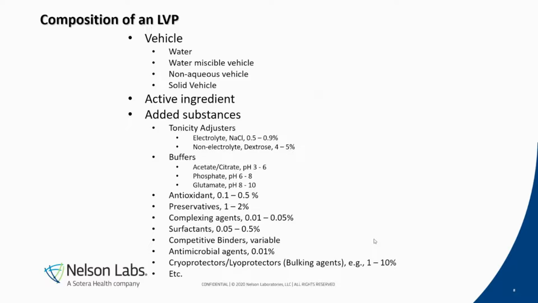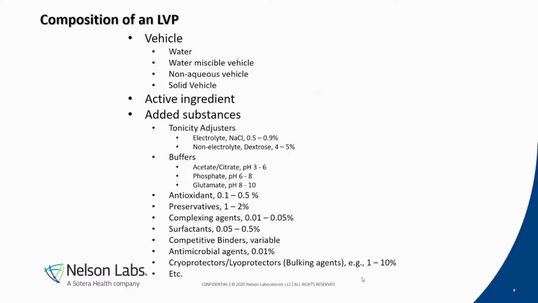And an LVP may contain one or more added substances. For example, tonicity adjusters like sodium chloride as an electrolyte or dextrose as a non-electrolyte. Buffers to control the pH. Antioxidants, obviously to prevent oxidation. Preservatives, complexing agents, surfactants, and so on and so forth.